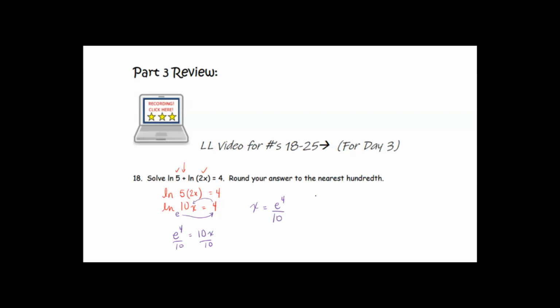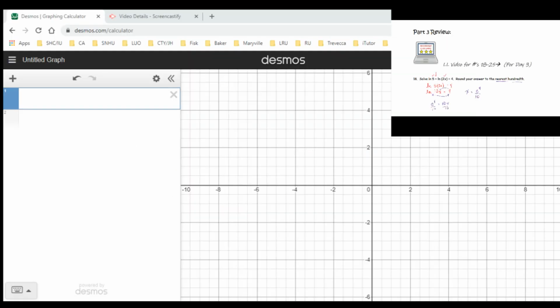Now we're being asked to round our answer to the nearest 100th. So let me switch our view over to Desmos calculator so that you can see that. I'm going to type it in my calculator. E, now to get to the exponent, you're going to do shift 6 to get the caret, then put the 4.